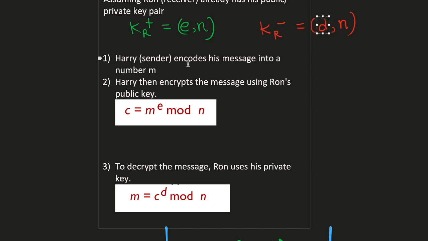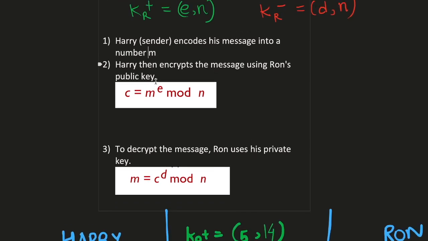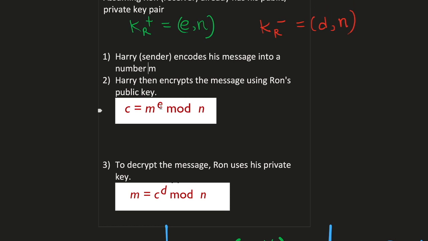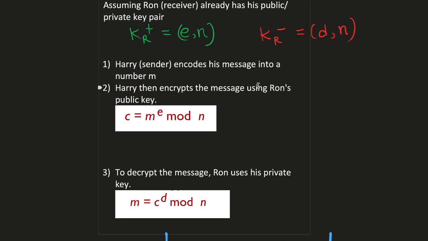Let's say the message is hello, then I substitute the number for H, then E, then L and L until I have a number m. Once I have a number m, I use Ron's public key to encrypt, and this is done by raising m to the power e mod n, and this is the ciphertext.